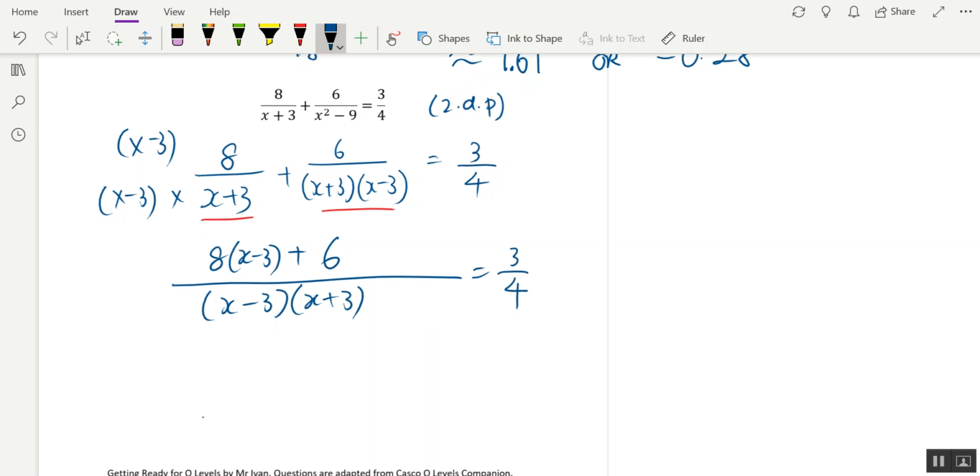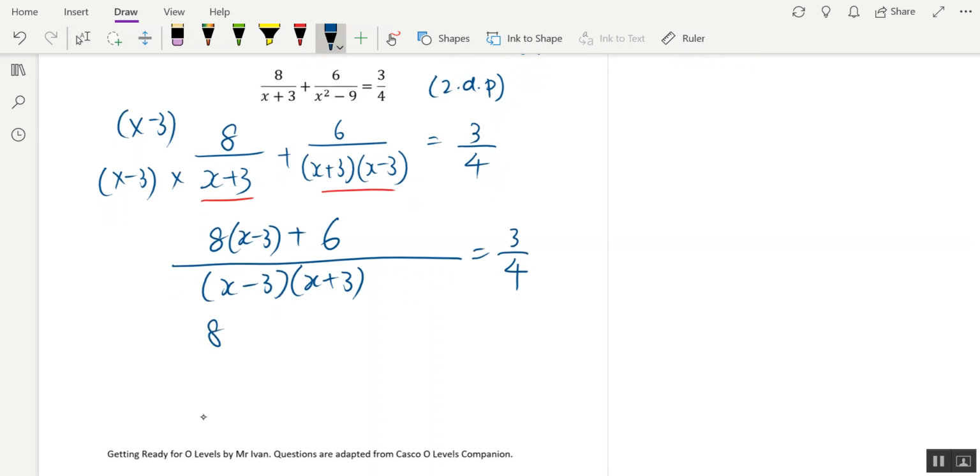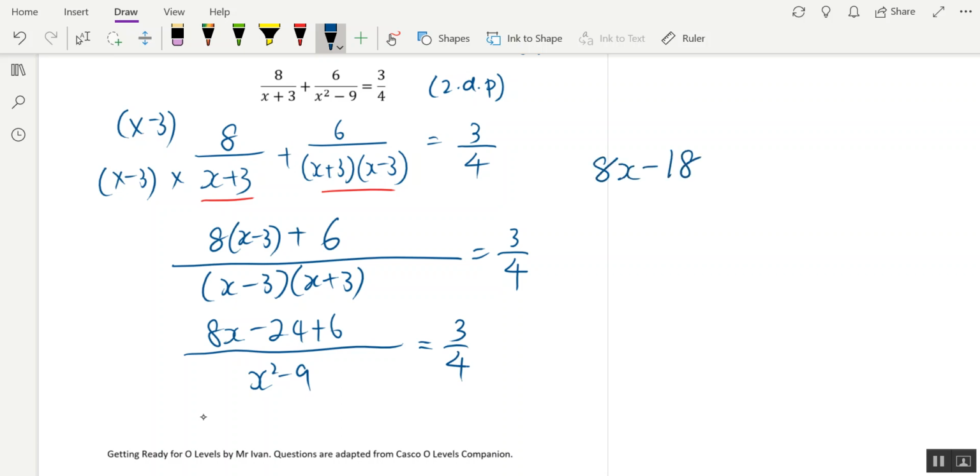Simplify the numerator for the left side: 8x minus 24 plus 6, over the denominator, which would be x squared minus 9, equals 3 over 4. Make it nice first: 8x minus 18 over x squared minus 9 equals 3 over 4.